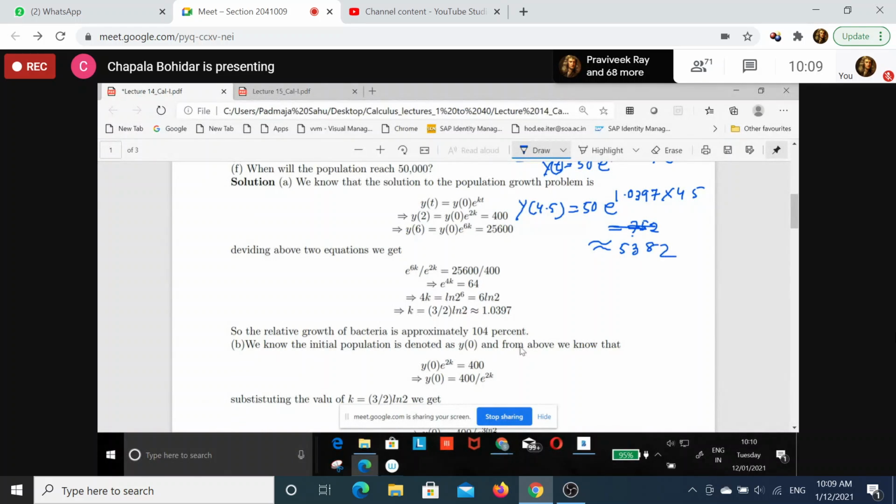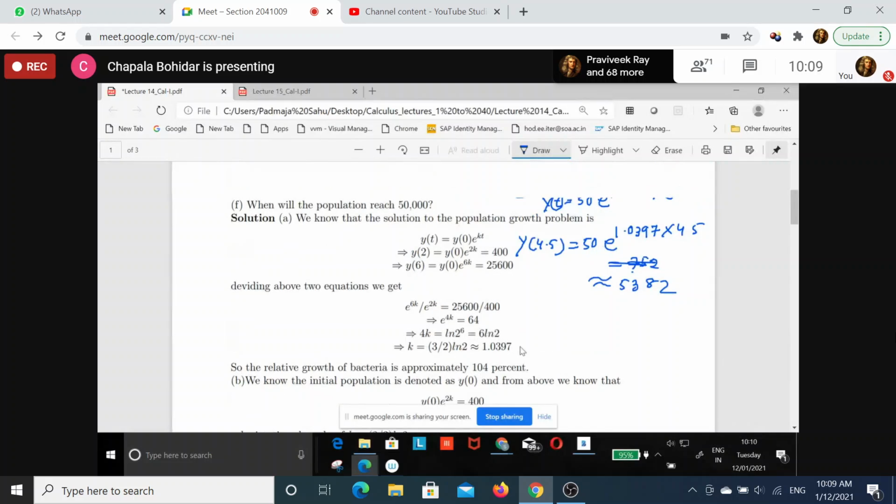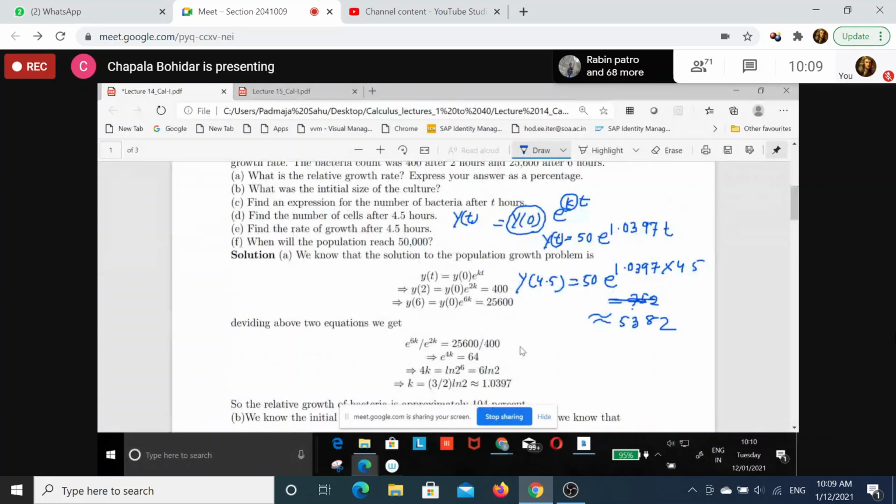Then the next part of the question is, what is the rate of growth after 4.5 hours? Rate of growth means dy by dt, which is equal to ky.